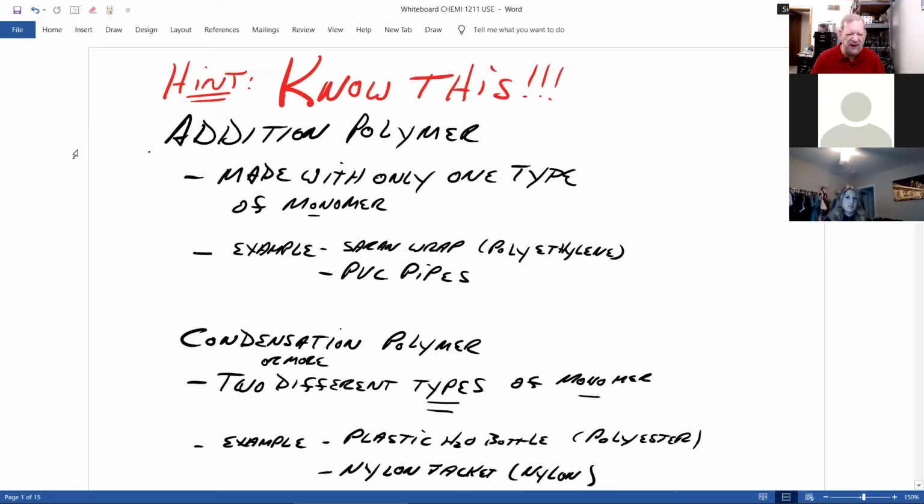All right, addition polymer: it's a polymer made with only one type of monomer. Example, saran wrap, PVC, which is made from polyvinyl chloride.